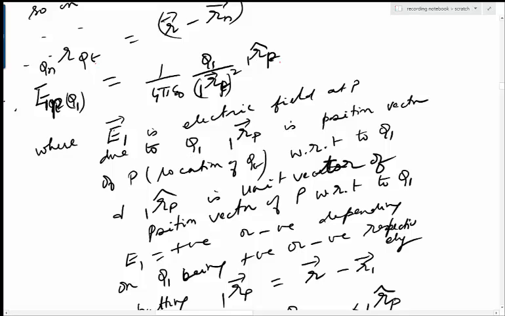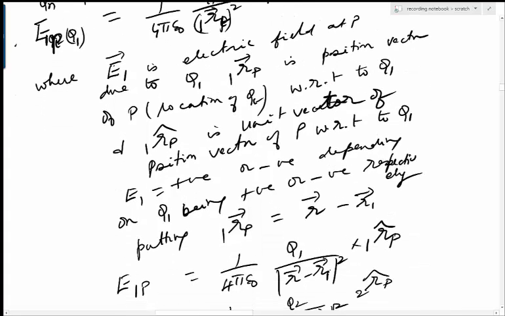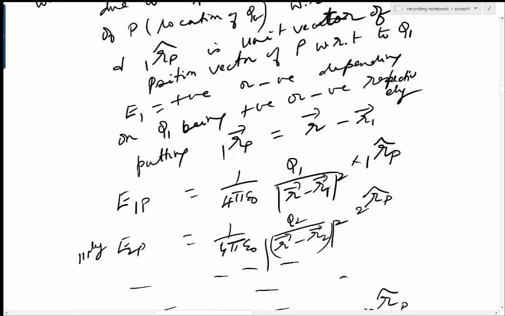R of P with respect to 1 is the position vector of P with respect to Q1 alone, and R by R of P with respect to 1, cap, is the unit vector of that position vector. E1 is positive or negative depending upon Q1 being positive or negative respectively. Similarly, R of P with respect to 1 is R minus R1, as I earlier explained.